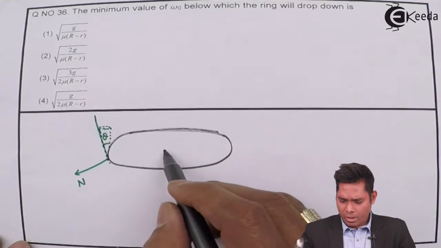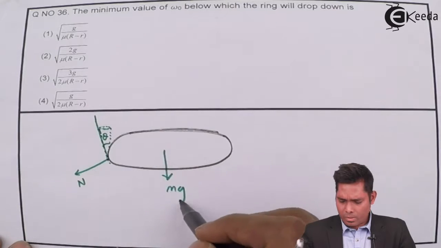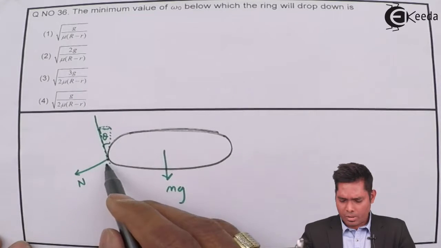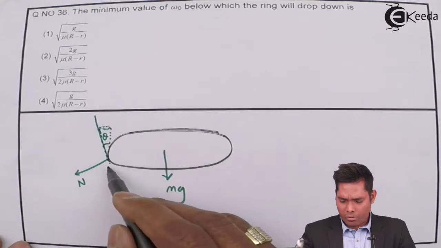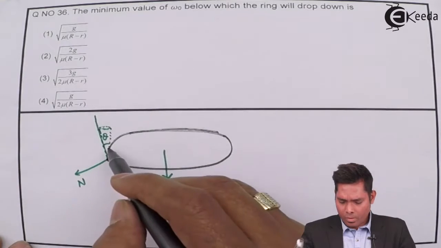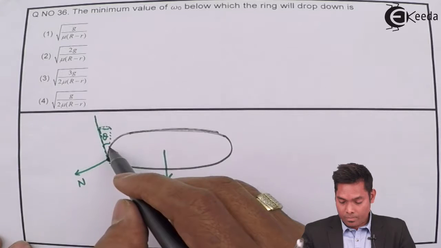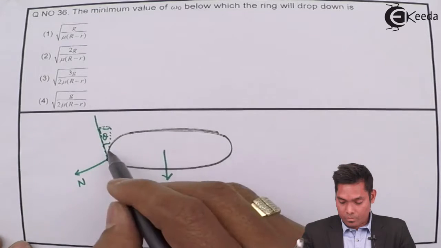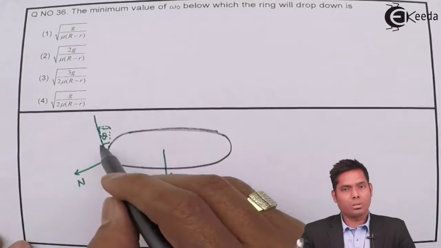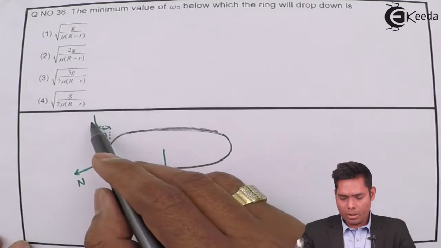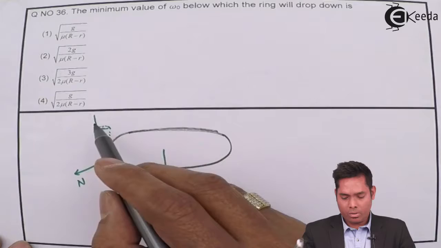Obviously, the weight of the ring is mg downward, so this has to be balanced here. This should be mg over here, I can write, and the friction should be in this direction.